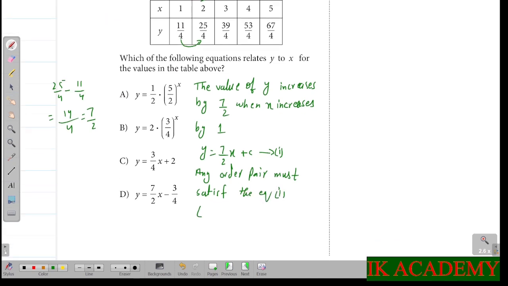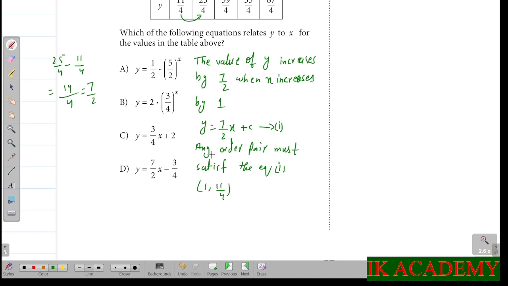So I'm going to use the order pair x is equal to 1 and y is equal to 11 by 4, and I'm going to substitute these values in equation number 1. So y is equal to 11 by 4 equal to 7 by 2 and x is equal to 1 plus c, which is equal to 11 by 4 minus 7 by 2 is equal to c.